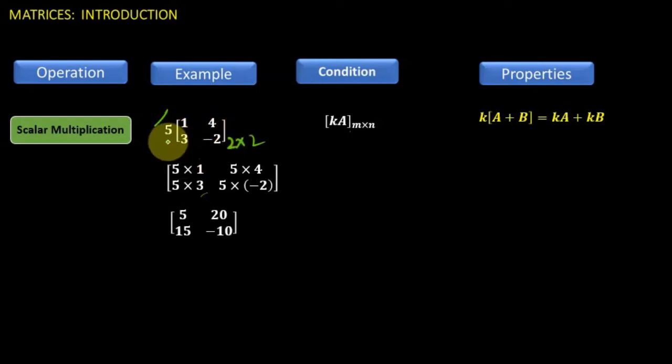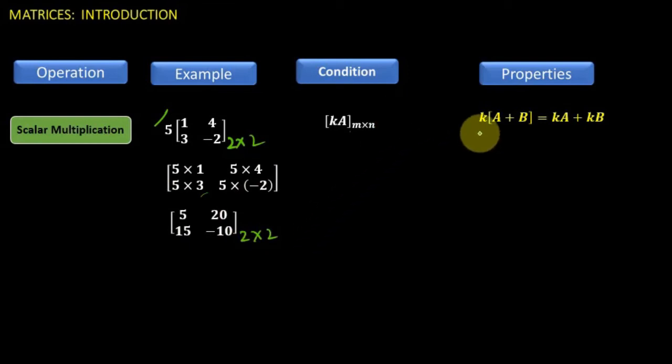For example, here I took the scalar number as 5, that is multiplied with this matrix with elements 1, 4, 3, minus 2. So what should we do? We should multiply this 5 with this 1 as well as with this 4 and 3 and with minus 2. Right, that's it. This is my resultant matrix. The resultant matrix order will also be the same.